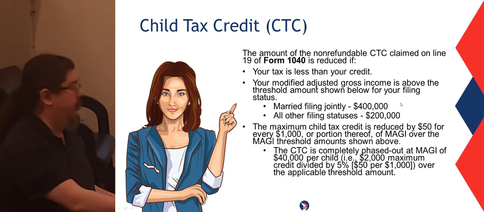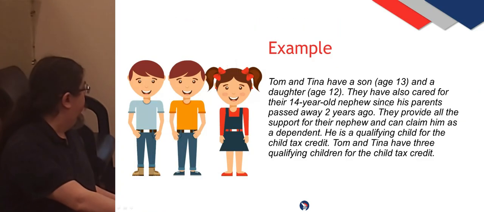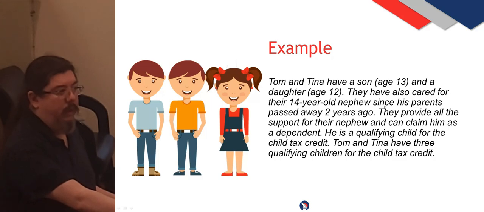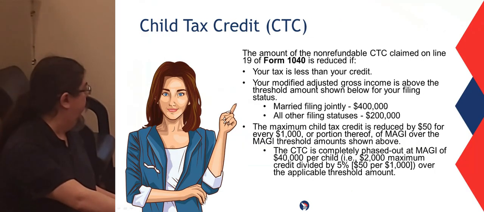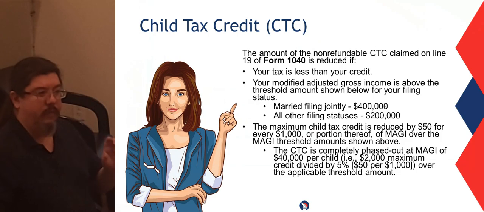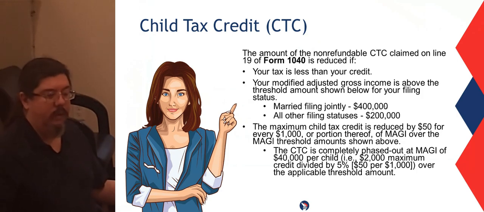So if we're talking about Tom and Tina, who have 3 kids, and their income is $401,000, they'll still have $6,000, $2,000 for each of the 3 kids, minus $50. So their total child tax credit would be $5,950. So it reduces your total credit, not your credit per child. Okay.